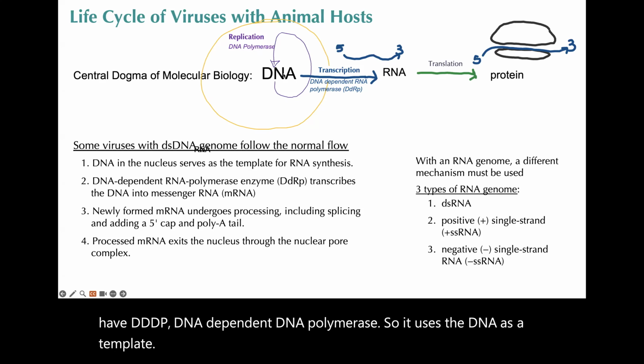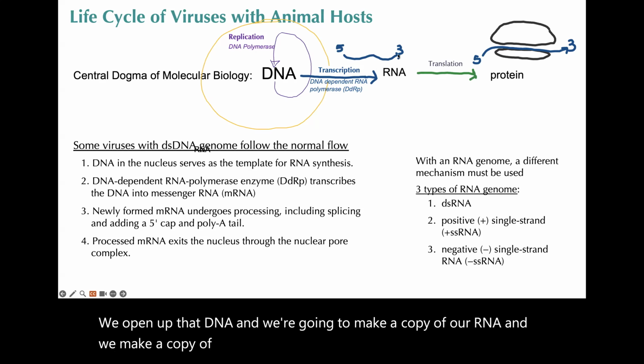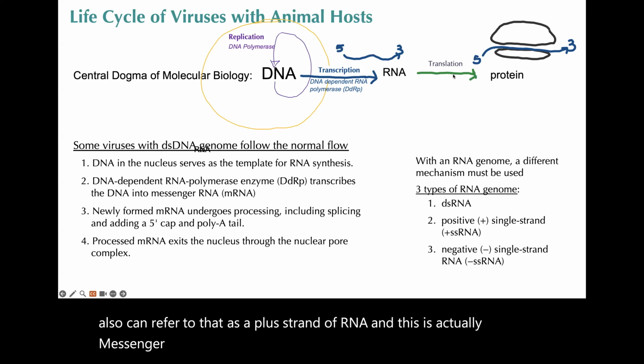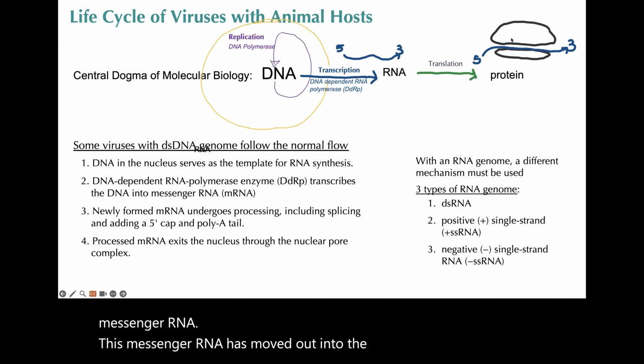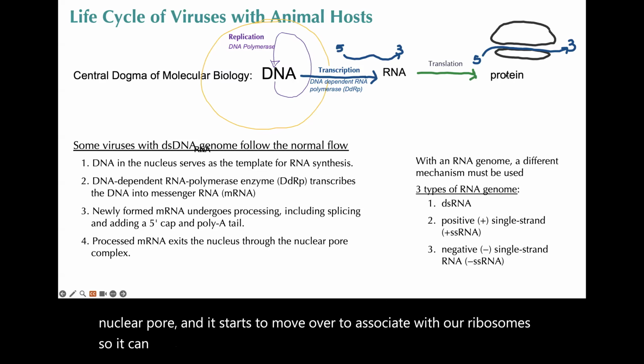We open up that DNA and we're going to make a copy of our RNA in what we call the 5-to-3 direction. We also can refer to that as a plus strand of RNA, and this is actually messenger RNA. This messenger RNA is moved out into the cytoplasm through the nuclear pore, and it starts to move over to associate with our ribosomes so it can get translated into protein.